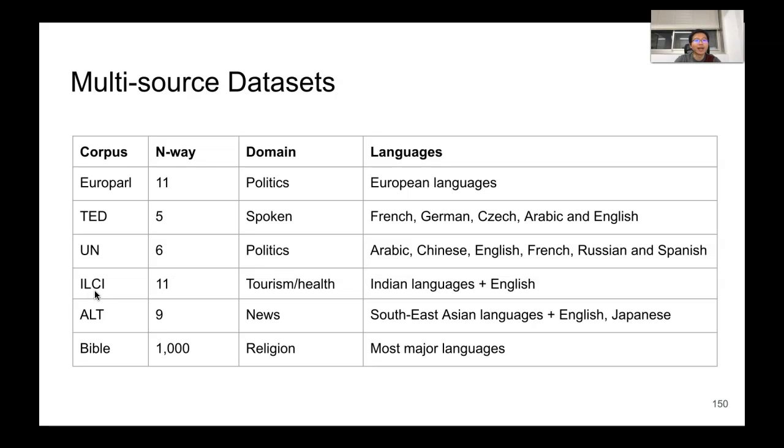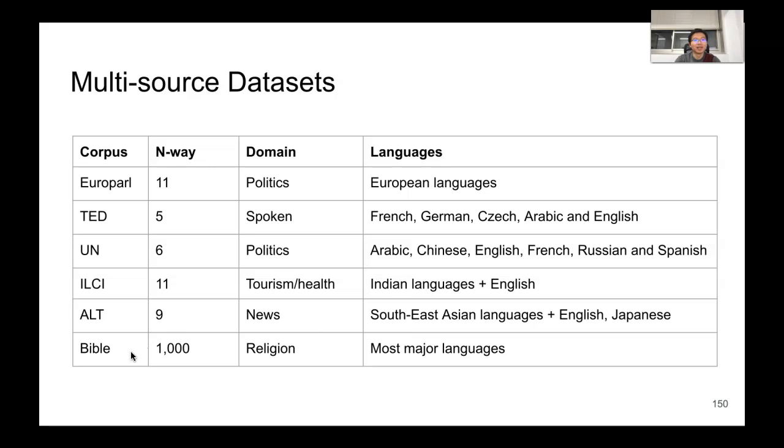We also have the ILCI 11-way, which is in the tourism and health domain. It is Indian languages plus English. And this corpus is also very interesting: the Asian Language Treebank. This is a treebank containing 9 languages, and the domain is Wikinews. It contains most of the Southeast Asian languages plus English and Japanese.